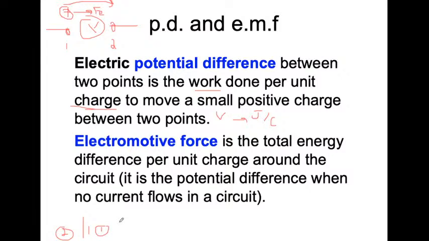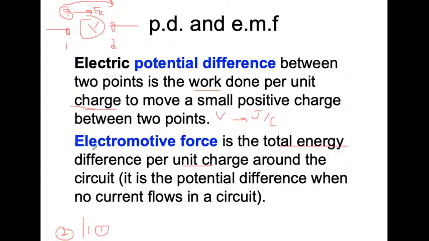And if I have more than one cell, I have to consider all the cells in this, because the electromotive force is the total energy difference per unit charge. Again, energy per unit charge, so we have joules per coulomb, volts, all the way around the entire circuit. So it's the potential difference when no current flows in the circuit. So they are very linked.